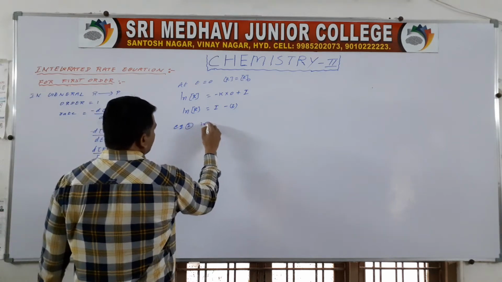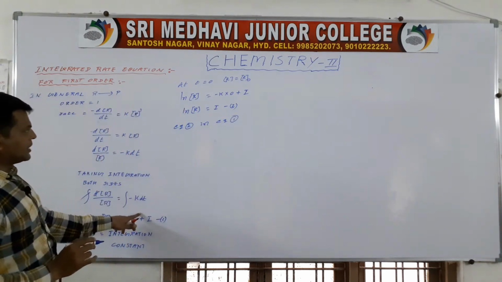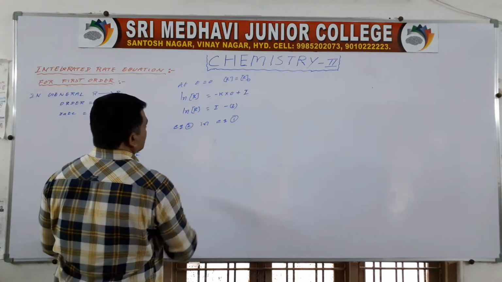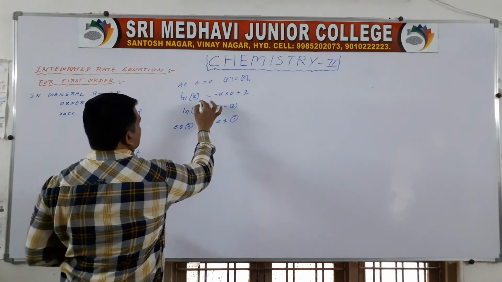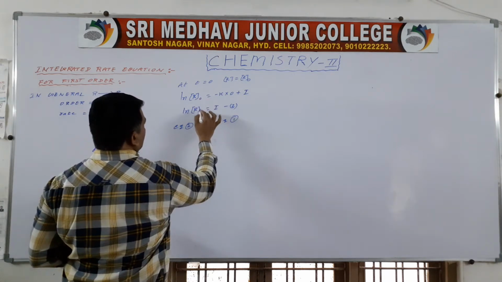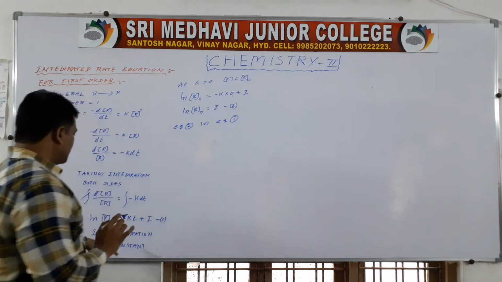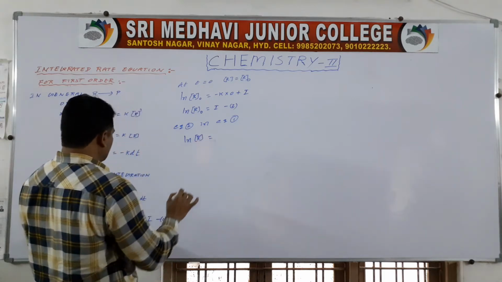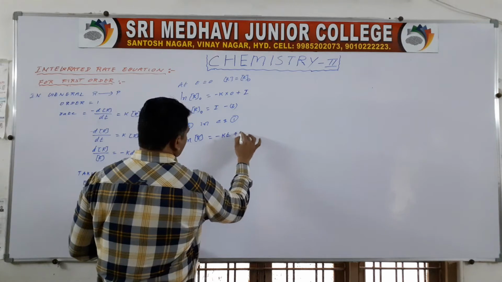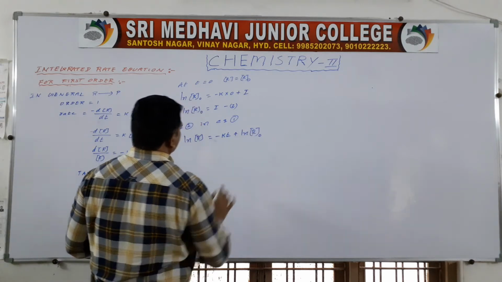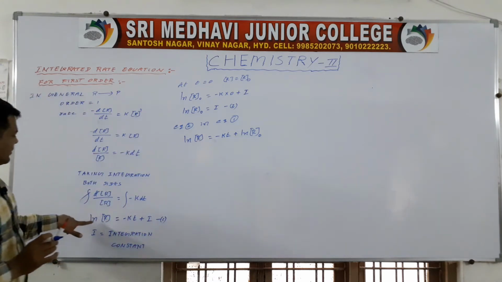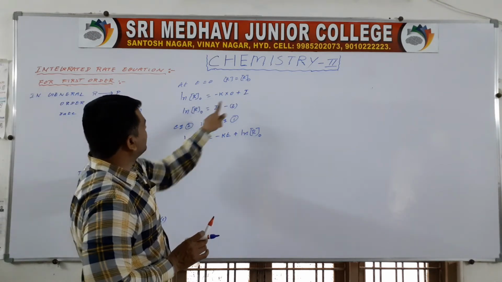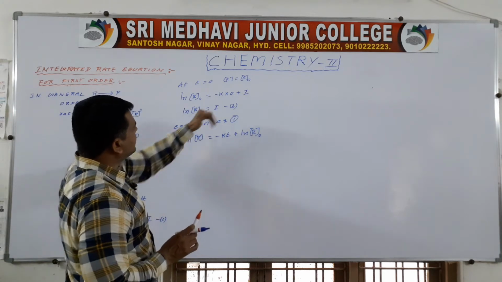Now put the value of I from equation 2 in equation 1. Here at t equal to 0, R equals R naught, so natural logarithm of R naught equals I. Then natural logarithm of [R] equals minus kt plus natural logarithm of [R]0.